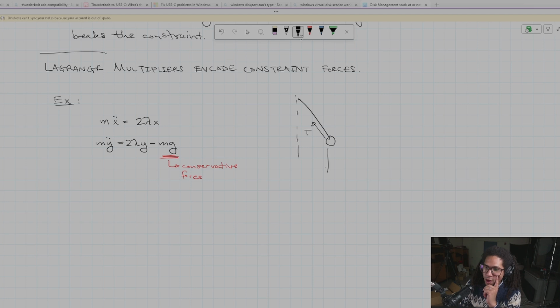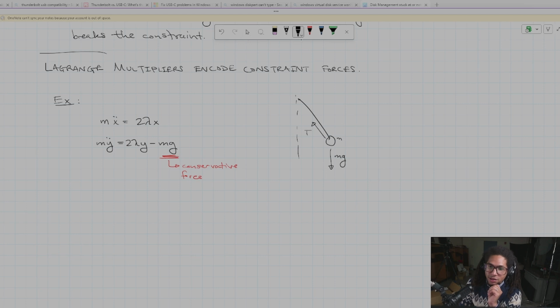Okay, so if we did this in our physics 101 way, we would say that we have these two forces on our mass, and then we could actually figure out what this force of tension is. And in fact, what we would figure out is that it has exactly the form that's correct to be this.